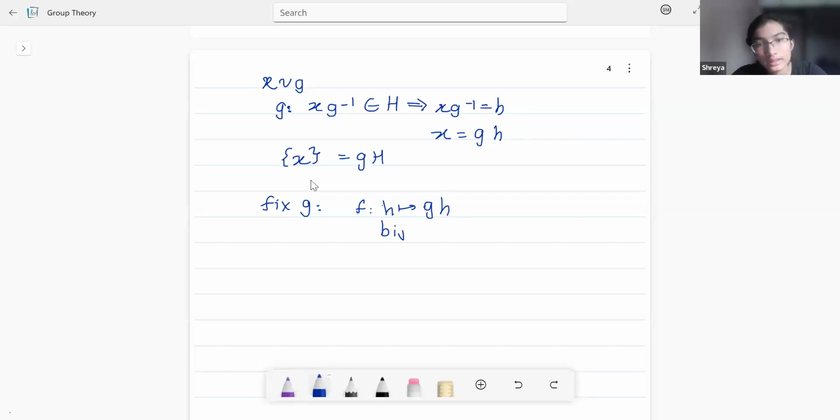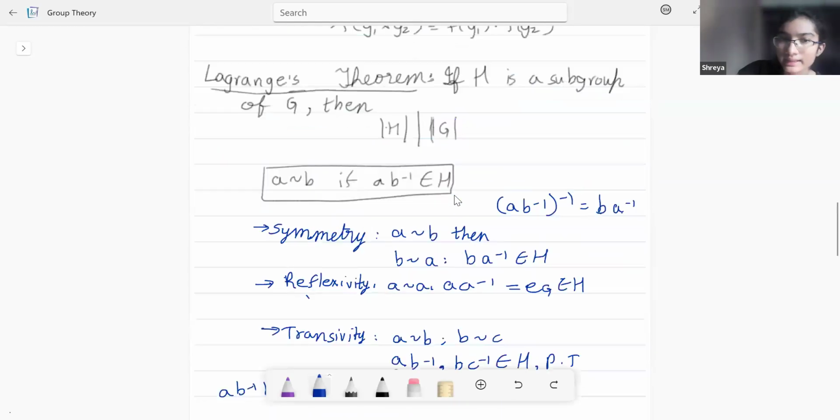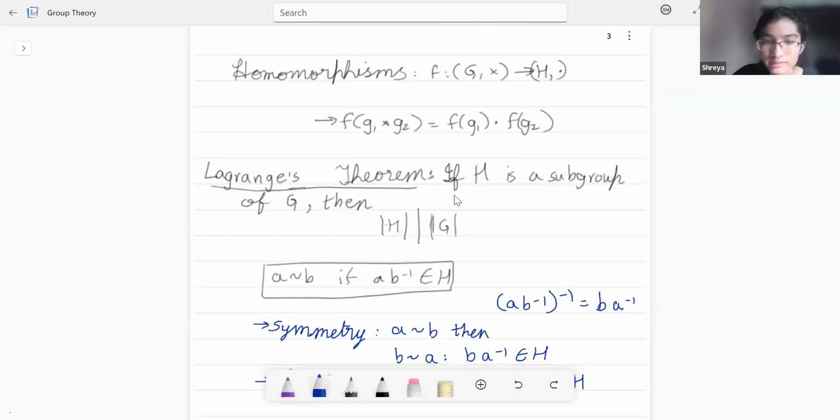Okay, not a bijection, sorry, this is injective. So the point is that each of these sets will be of size H. And then we are just done because you've partitioned G into sets of size H.